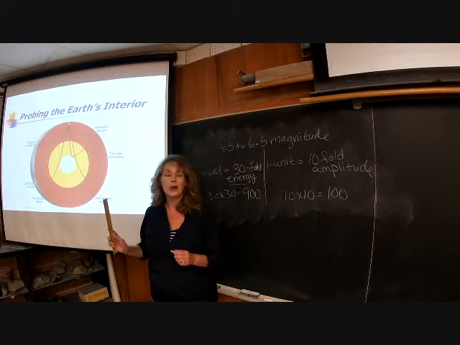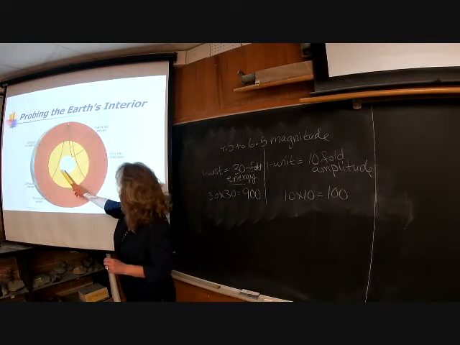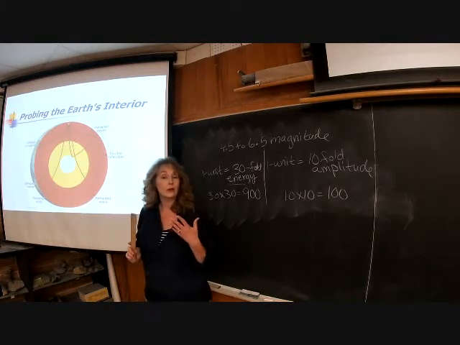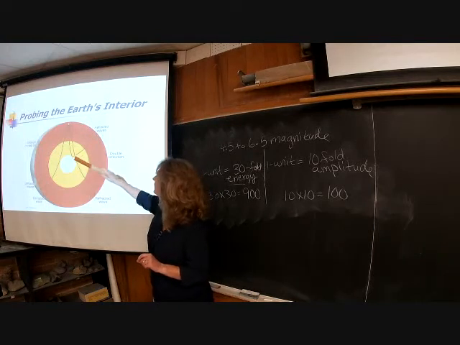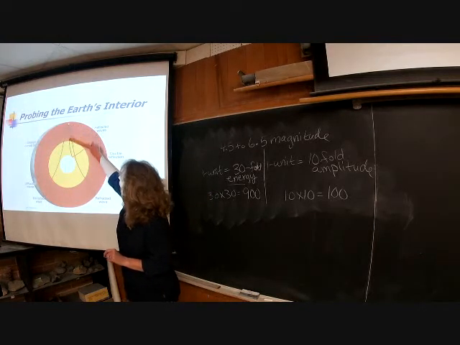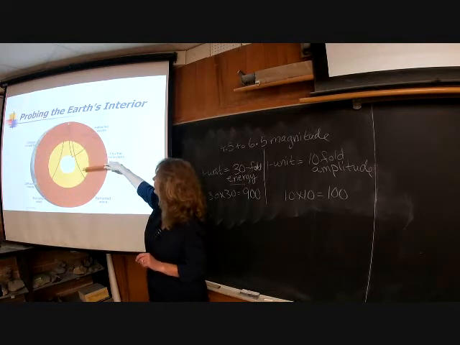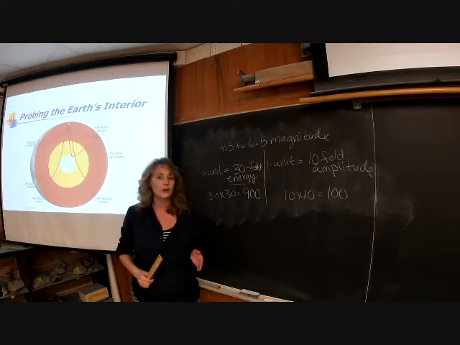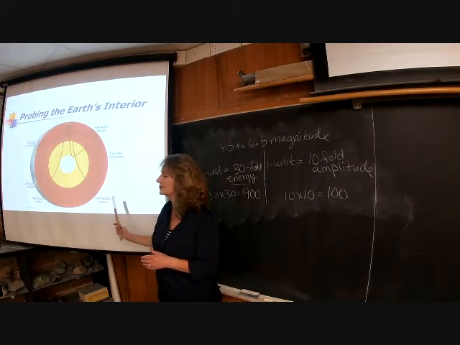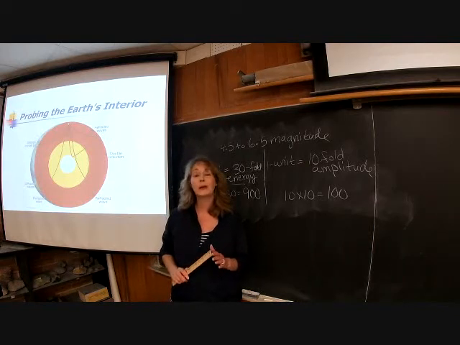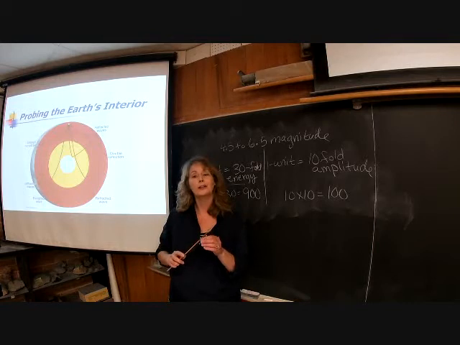The P waves would make it all the way through to the other side, going through solids, liquids, and gases, but the S waves only go through solids. So the S wave would come along and it would get reflected, refracted. It would not go through the liquid portion, and then it'd come out kind of on the other side. From that information, we were able to learn that we have a liquid outer core and then a solid inner core.